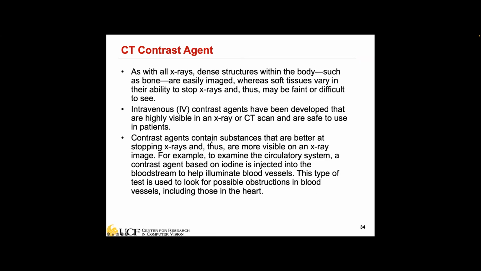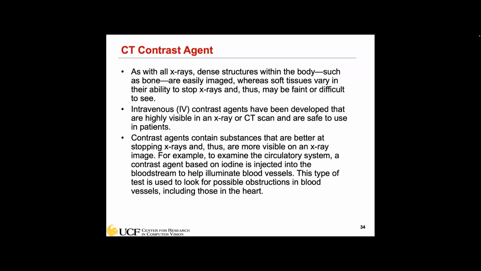Usually you will have some IV injection, which makes particular tissues or organs highly visible on the X-ray. For example, if you drink a contrast, maybe your stomach regions will be more illuminated, showing very bright on the scan because of the contrast.